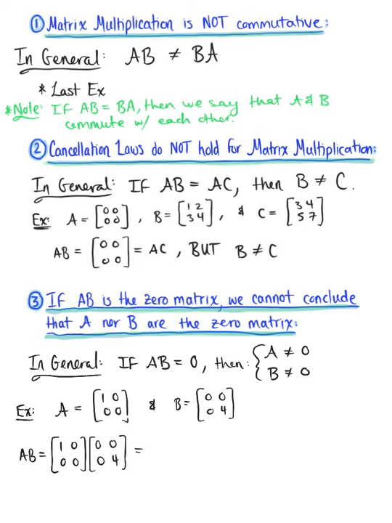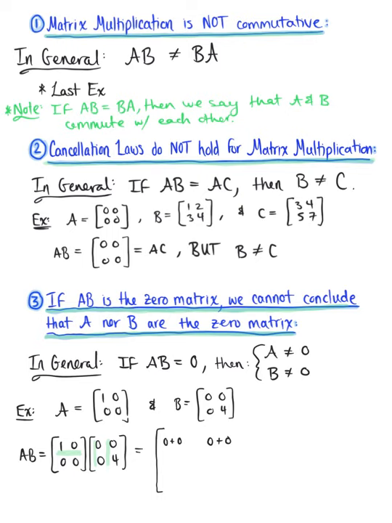So let's see what happens when we apply the row-column rule. We have the first row of A times the first column of B, so that's going to be 1 times 0 is 0, plus 0 times 0 is 0. We then have the first row of A times the second column of B, so 1 times 0 is 0, plus 0 times 4 is 0.